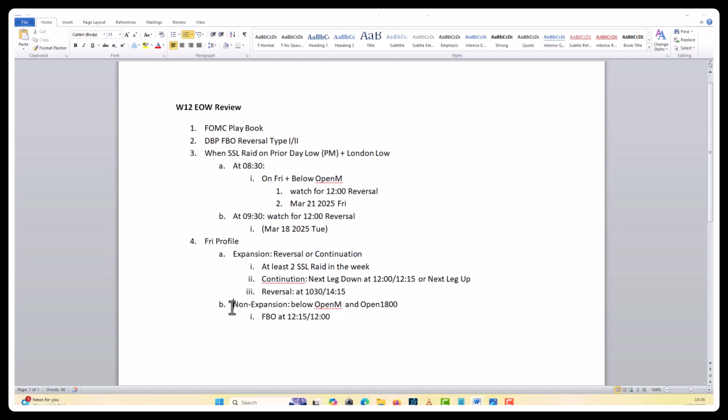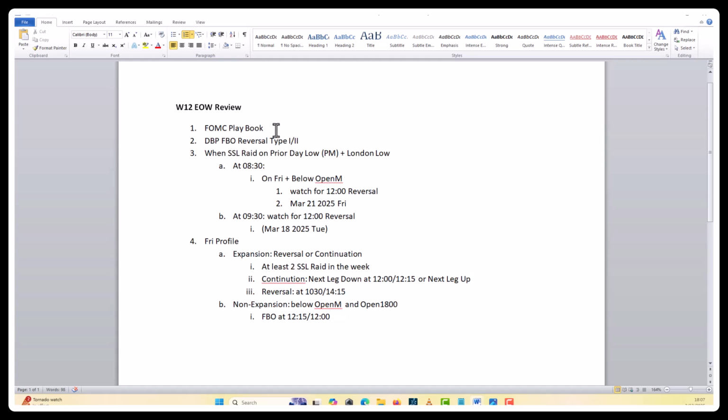The non-expansion move is consolidation. Basically it's a doji candle, a test from above or a test from below, and we group them all together as a non-expansion move. So those are the 4 main topics we're going to go through today.